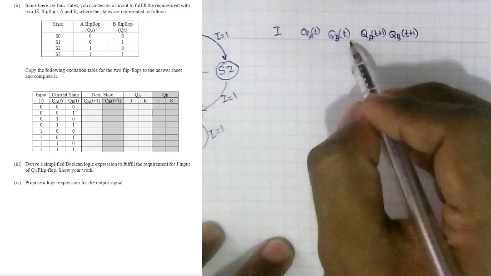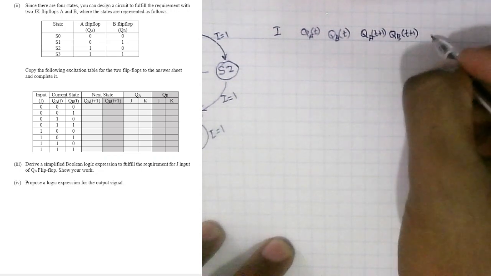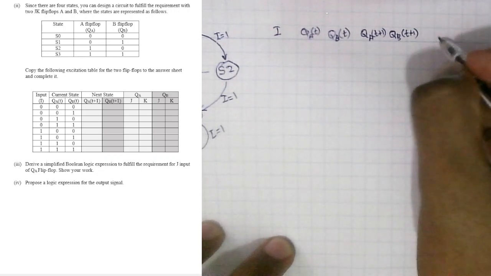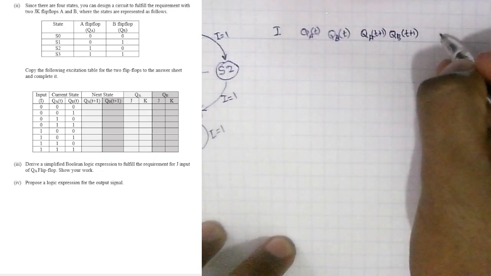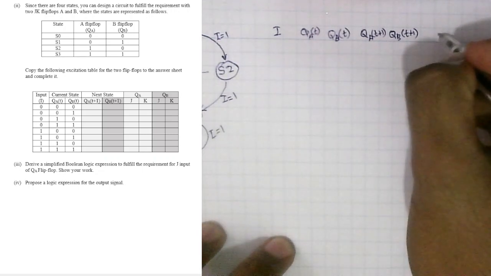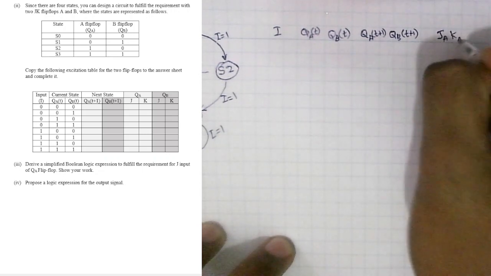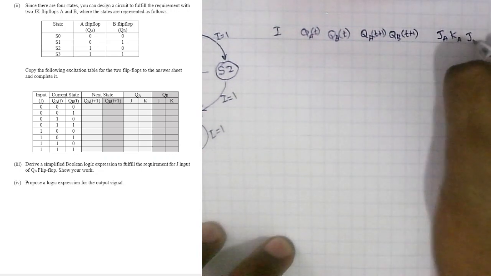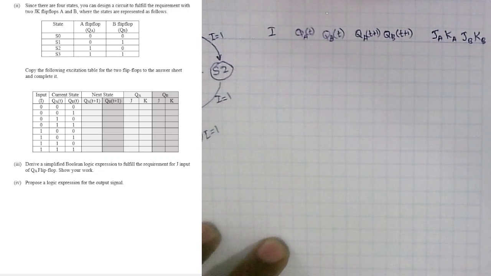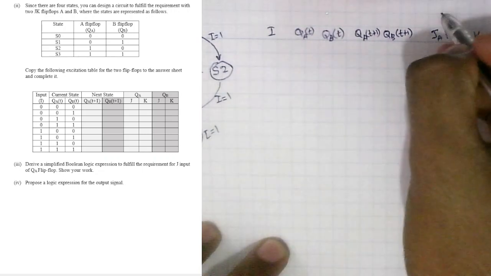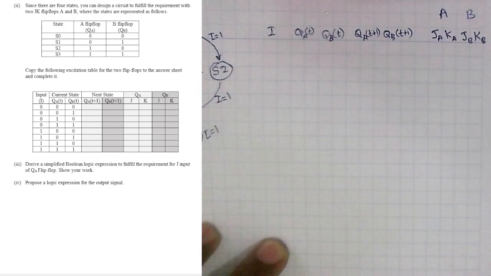So to achieve this transition, we need to determine two excitation signals for each of these flip-flops, right? So I will go as, let's say, JA KA, okay? Then I need JB KB, right? These two will be for A flip-flop, these two will be for B flip-flop, okay?